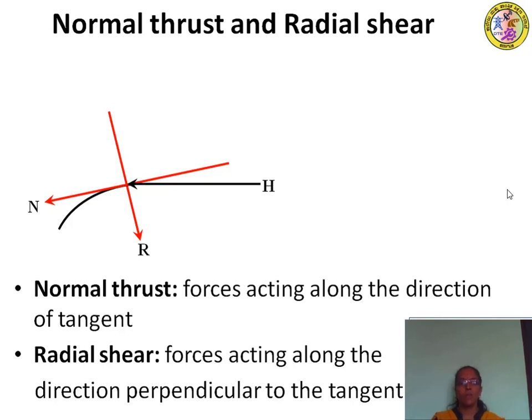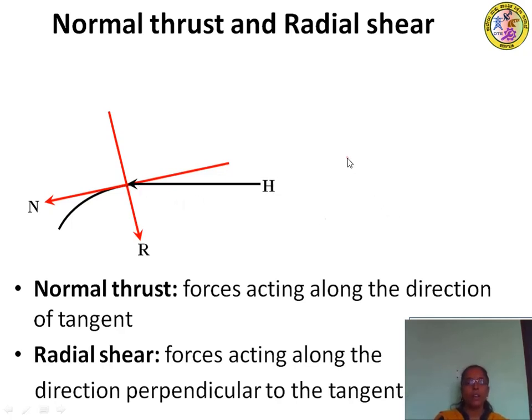That means the algebraic summation of the reactive components and forces along the x direction gives the net horizontal force. Let H be the net horizontal force at any point, acting in this direction.